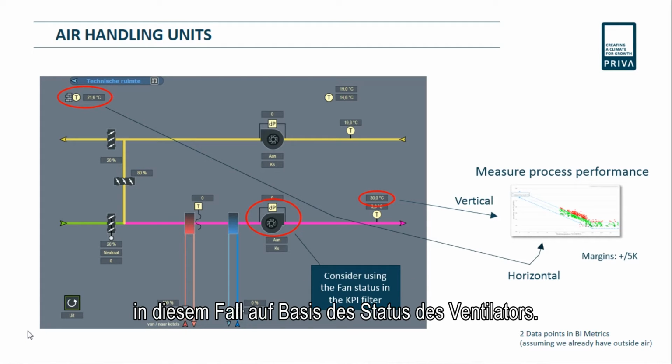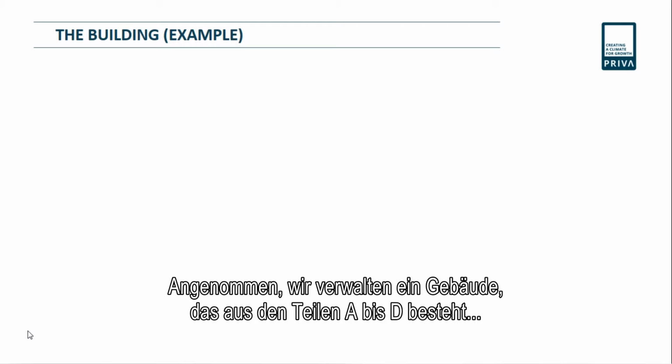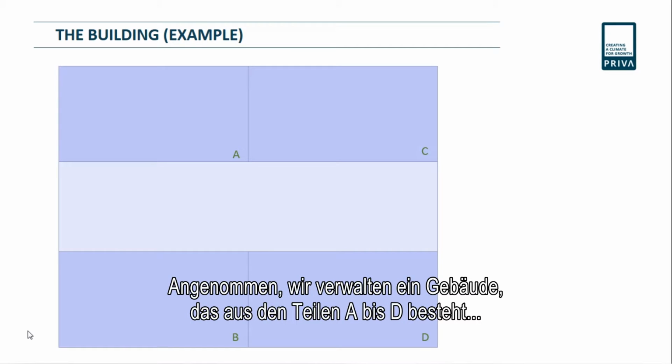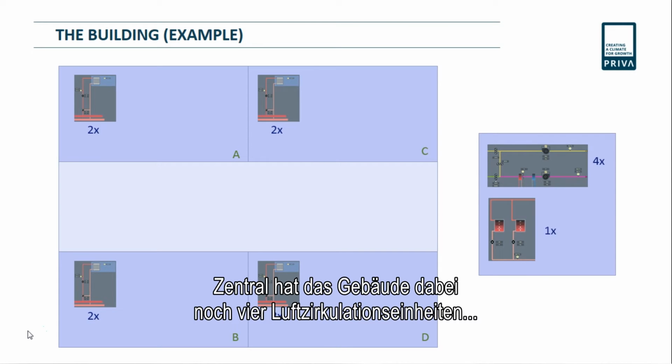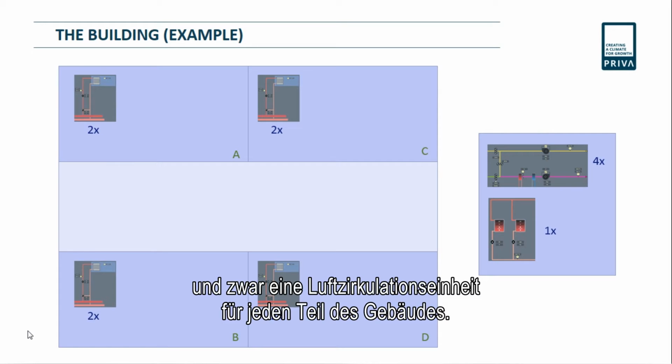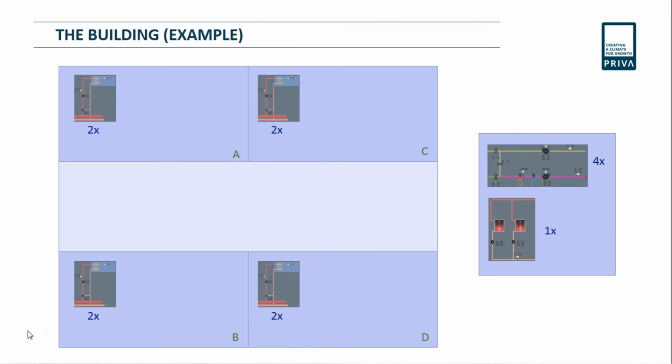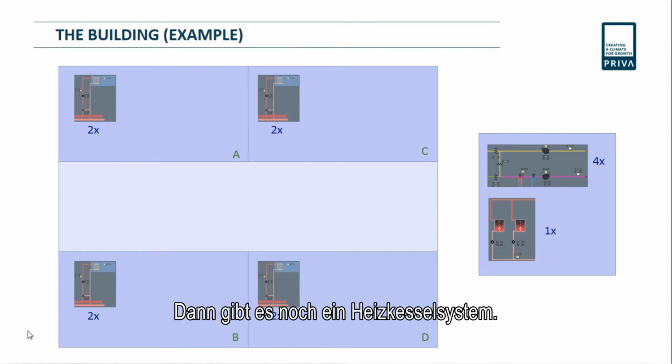Now if we take an example for a building, in this case let's say we have a building that consists of 4 parts, A through D, and then in each of these parts we have 1 or more heating groups. And then let's say we have a central location, and on that central location we have 4 air handling units, namely 1 air handling unit for each of the 4 building parts, and we have a boiler system.